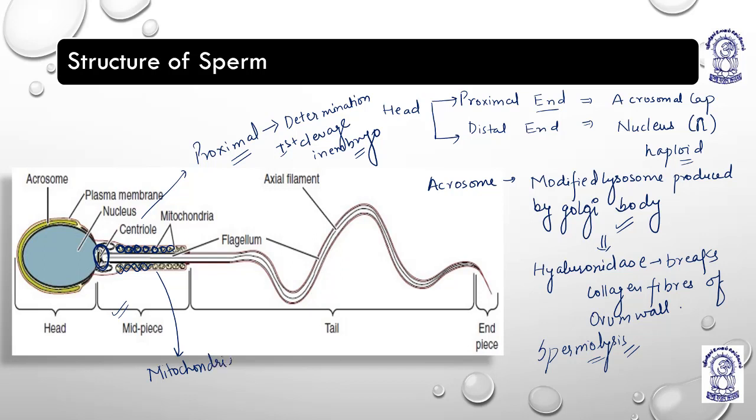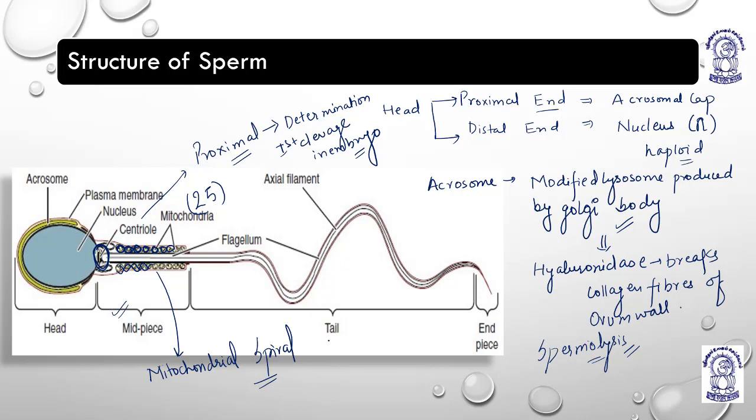Mitochondrial spiral, or mitochondrial sheath or assembly. These mitochondria, around 25 of them, basically lie parallel to the flagellum. This flagellum, or the axial filament, is produced by the distal centriole.